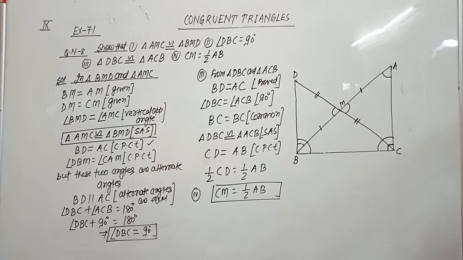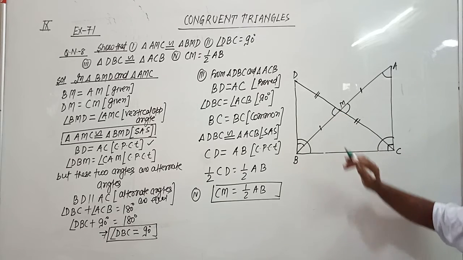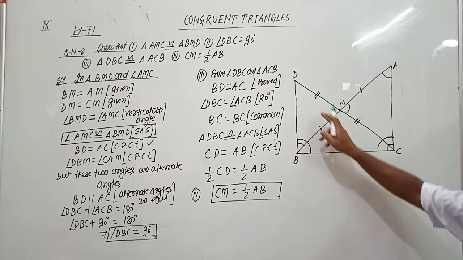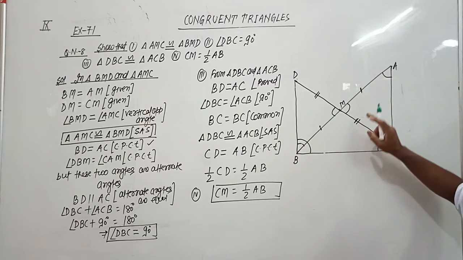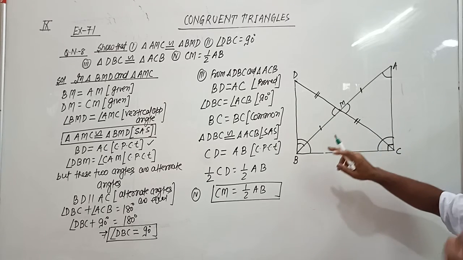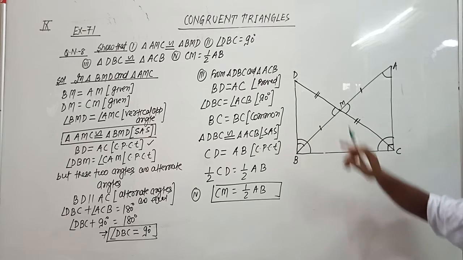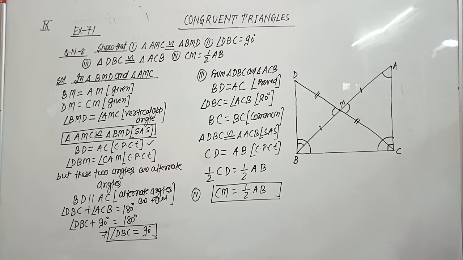If two lines intersect each other, then vertically opposite angles are equal. Therefore these two triangles are congruent. Triangle AMC and triangle BMD are congruent by SAS.